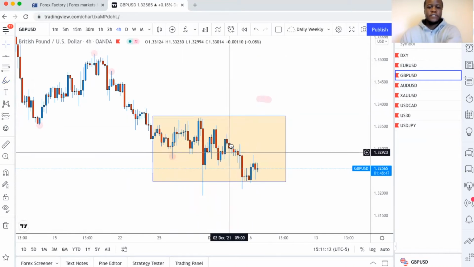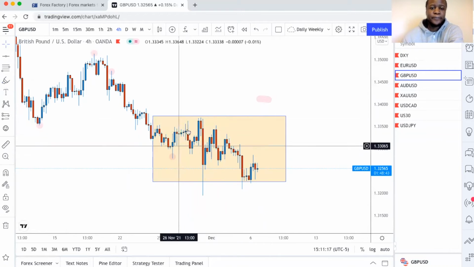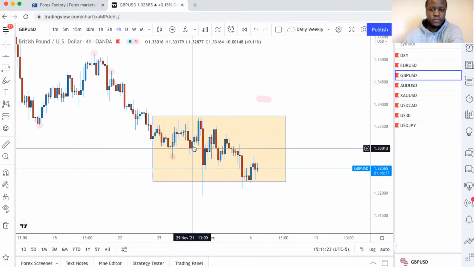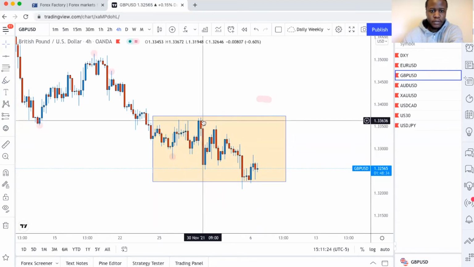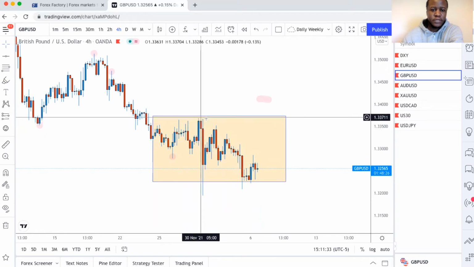So let's say you get caught up in something like this as a new trader. So we got a swing high right here. Market comes down. And what happens? Takes it out. So you'd be looking to the upside.